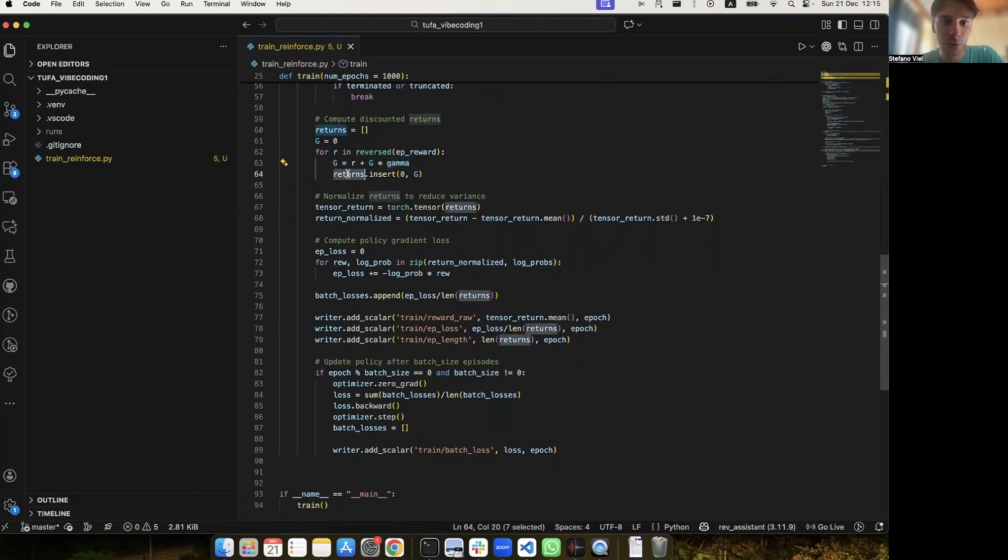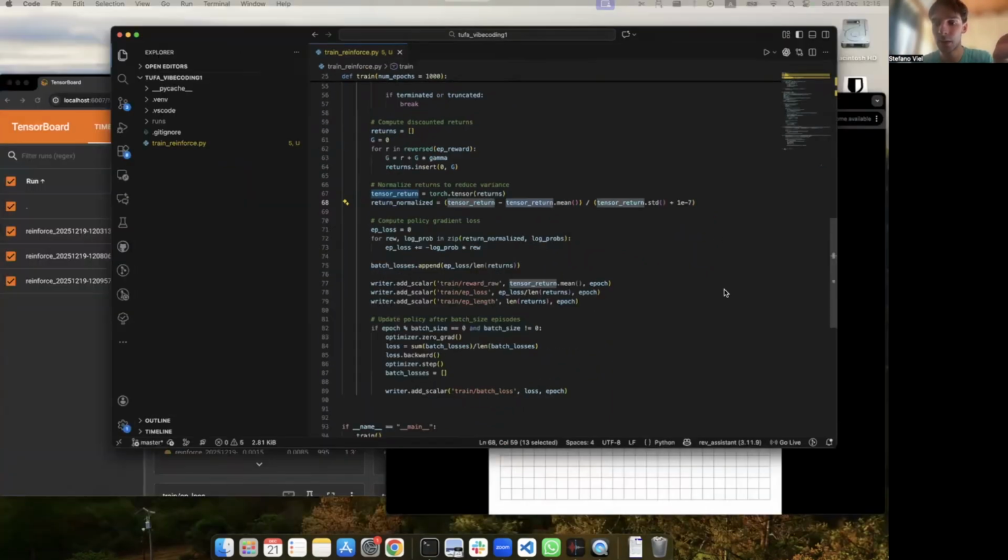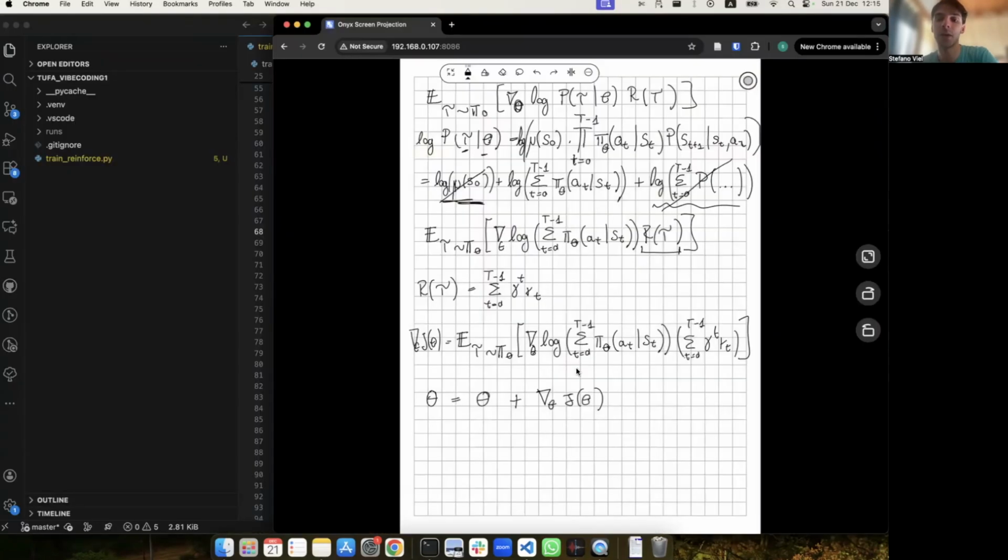We turn the returns into a tensor, and we normalize it by the mean of the tensor. This is quite important because REINFORCE is known to suffer from high variance in the estimate of the gradient. That's because there is a lot of stochasticity in this estimation. There's stochasticity that comes from the environment, from the fact that taking the same action from the same state could lead to different results.